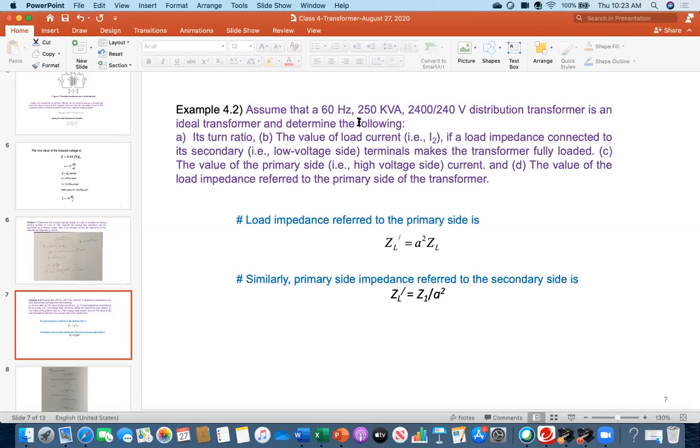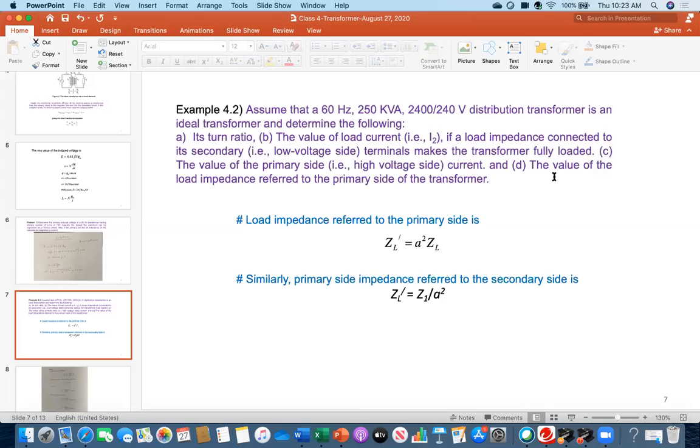Okay, so what is the question based on this? These three pieces of information are given: frequency, power rating, and the primary and secondary voltage. What is the turn ratio? What is the value of the load current, that is I2, if a load impedance connected to the secondary, that is the low voltage side terminals, makes the transformer fully loaded? Question C, what is the primary side, that is the high voltage side current?